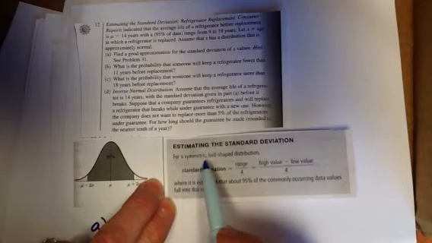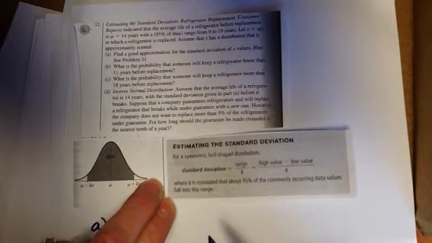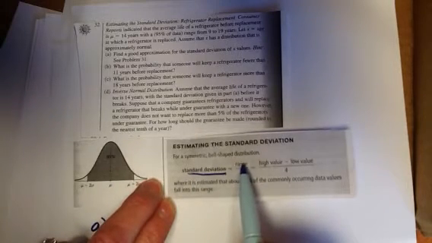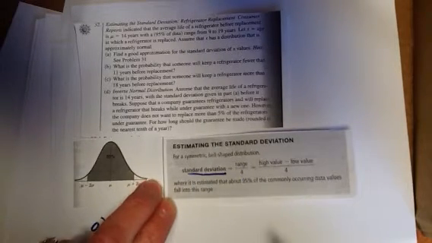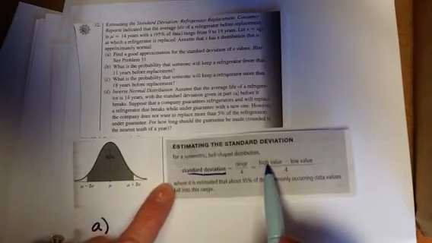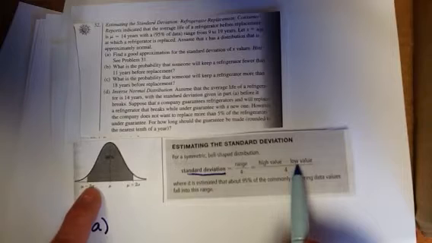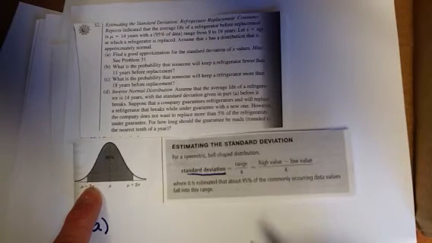As long as it's a symmetrical and bell-shaped distribution, we can estimate our standard deviation by taking our range and dividing it by 4. That means taking the highest value, 2 standard deviations above the mean, and subtracting the low value, 2 standard deviations below the mean, and dividing that by 4.